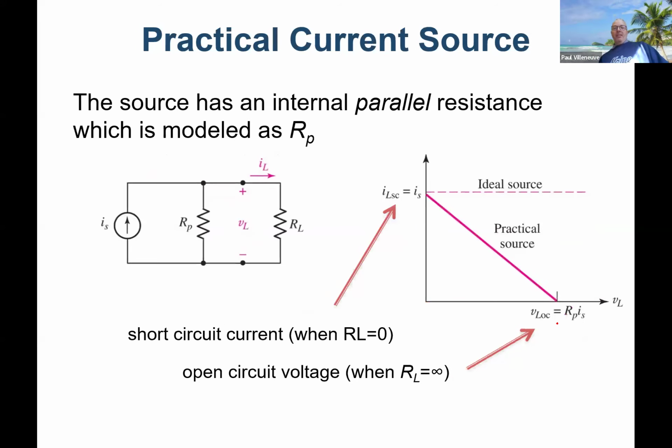All right. Do the same thing for a current source. Current source, when the load is 0, which is another way to say there's no voltage there, right? So if there's no voltage, there's no power demand, then my output is going to be at my ideal value.